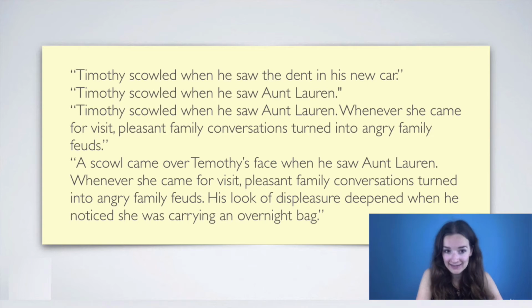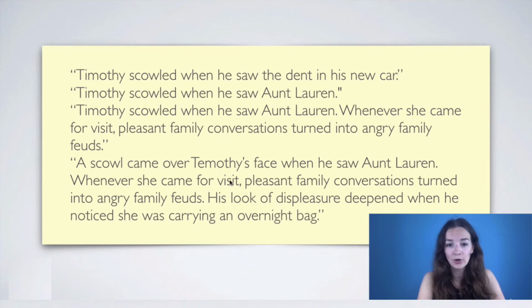All right, another example could be: a scold came over Timothy's face. Oh, I'm sorry for the mistake in the word, Timothy scolded when he saw Aunt Lauren. Whenever she came for a visit, pleasant family conversations turned into angry family fights. His look of displeasure deepened when he noticed she was carrying an overnight bag. Here we even have the definition, right?